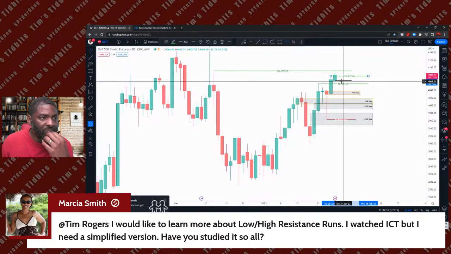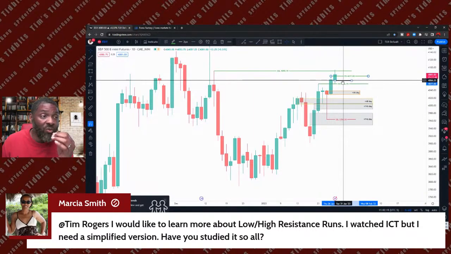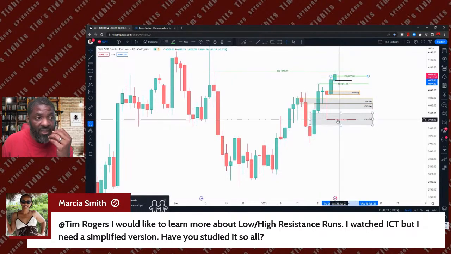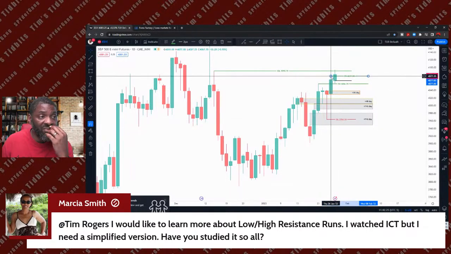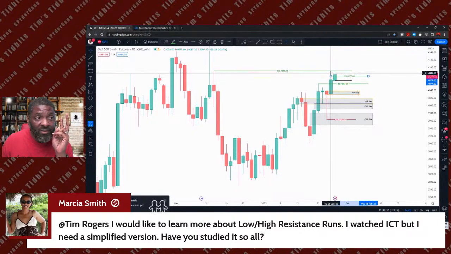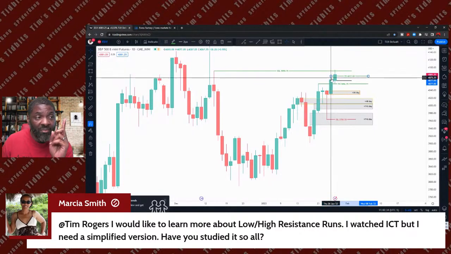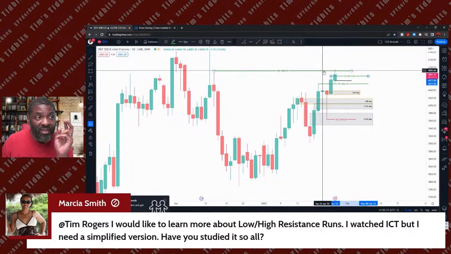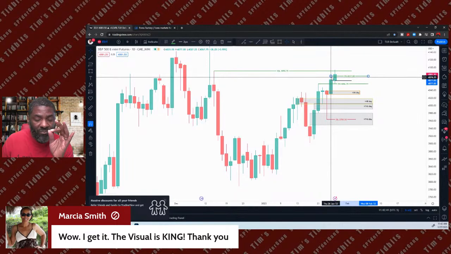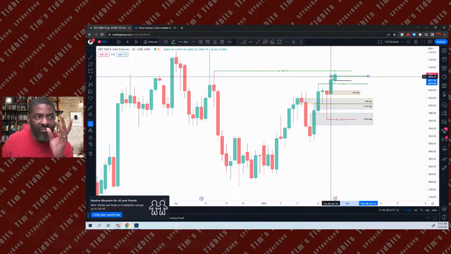So the path of least resistance to liquidity was where? Up or down? It was up, because we have one prior high and then the buy side. It's one thing in between price and your destination. One PD array. You're welcome. The one PD array was the prior high, then the buy side liquidity.